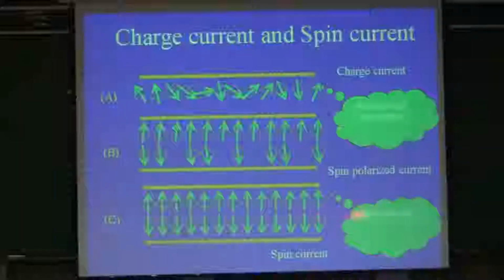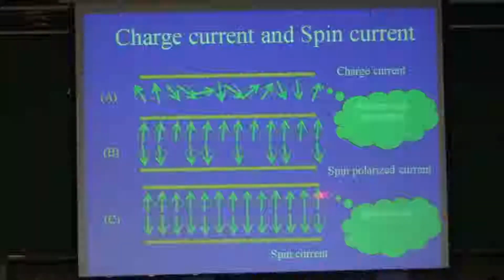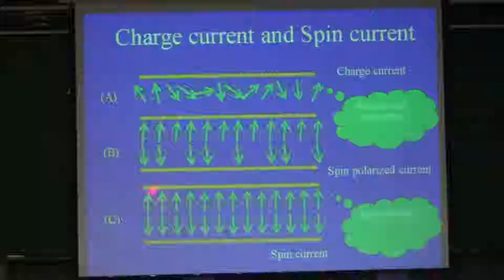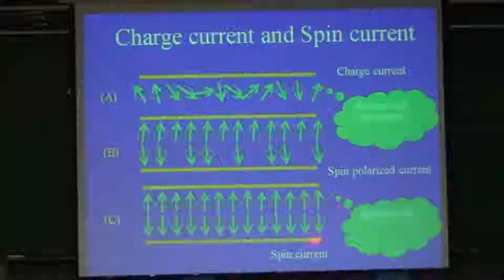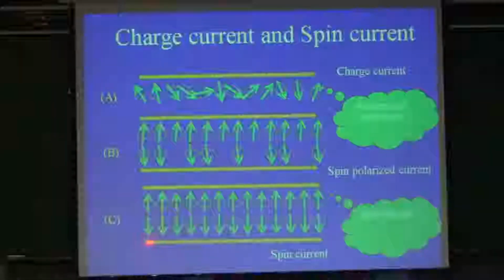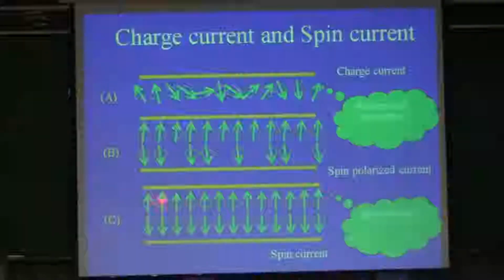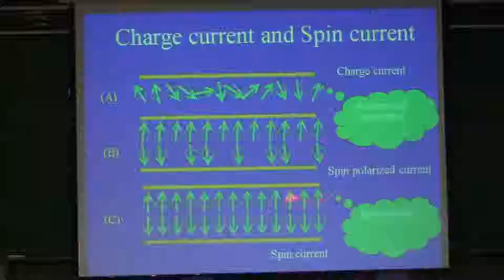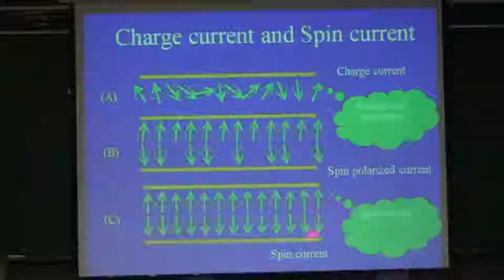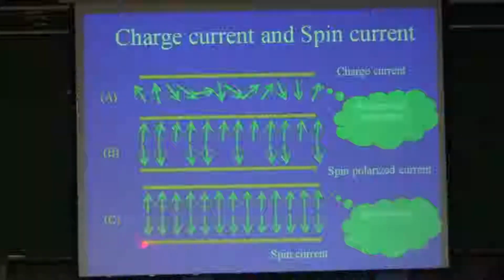But the most weird thing is that when we have the spin current, it means we have the up electrons move in one direction and the down electrons move in the other direction. So the charge cancels each other, because an equal number of electrons go one direction and an equal number move the other direction.